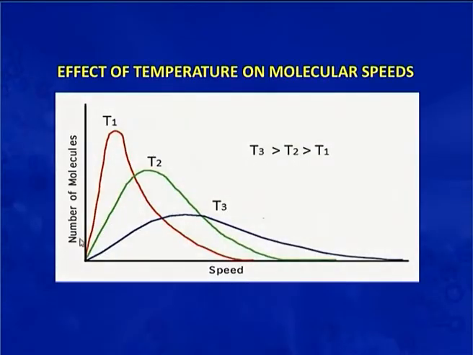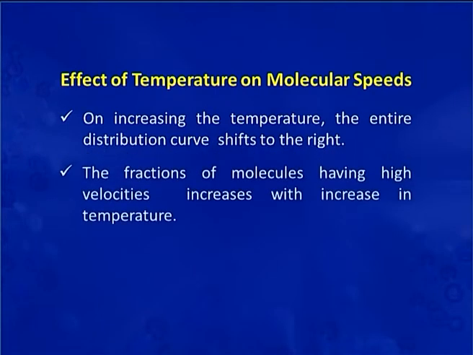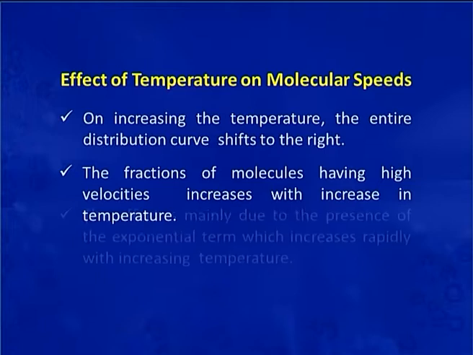By increasing the temperature, the shape of the distribution curve remains unchanged, but flattening of the maximum takes place, which occurs at higher velocity if the temperature is raised. So, we observe here that on increasing the temperature, the entire distribution curve shifts to the right, and the fraction of molecules having high velocities increases with increase in temperature.